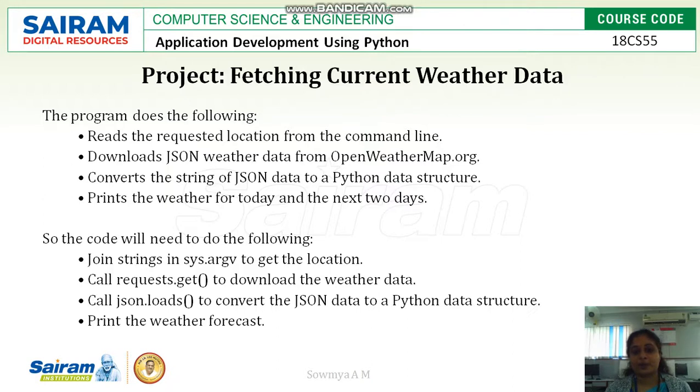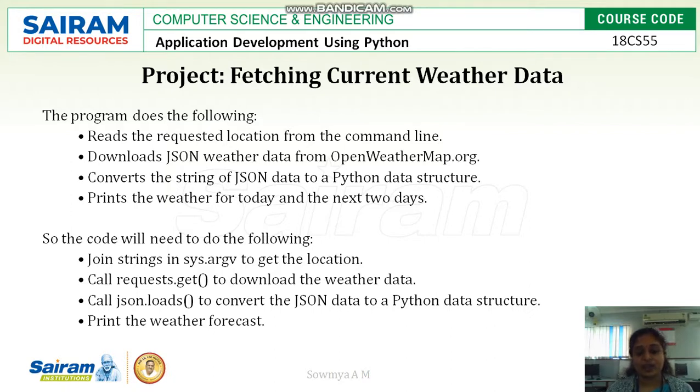Next we have a project for fetching current weather data. With the help of JSON and an API, we can get the current weather data of a city which is given as input to the program. To do that, we have to read the requested location from the command line, download the JSON weather data from openweathermap.org, convert the string of JSON data to a Python data structure, and print the weather for today and the next two days.